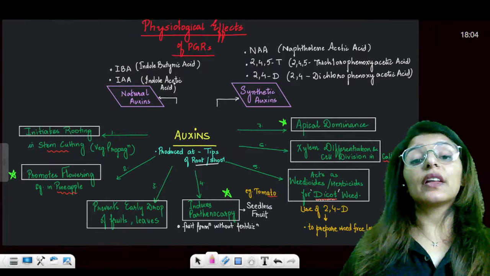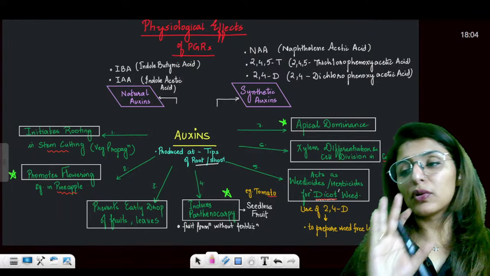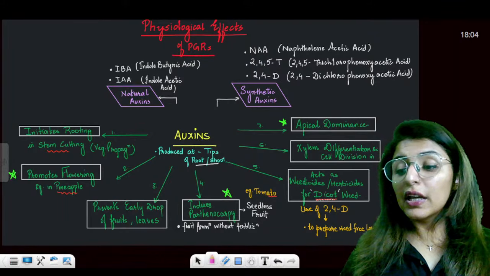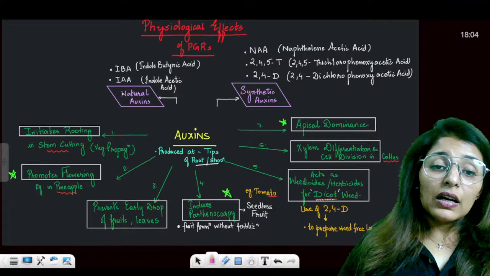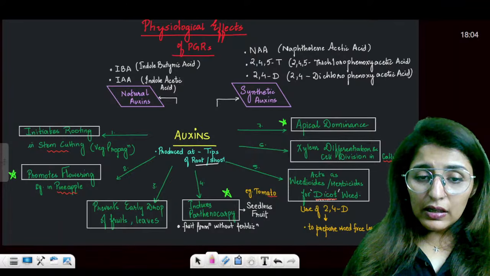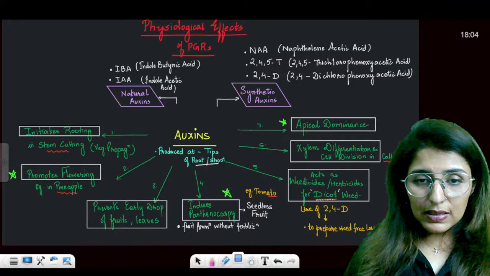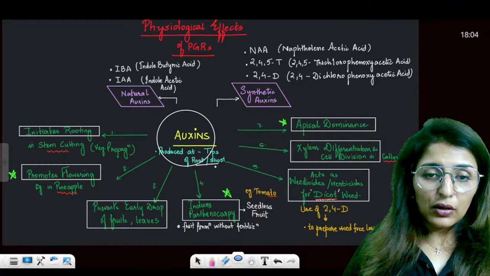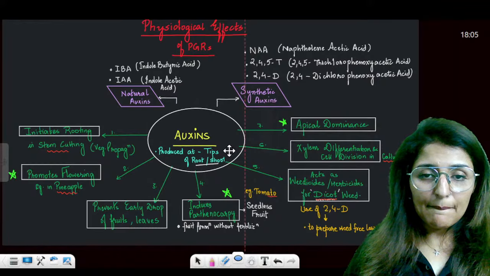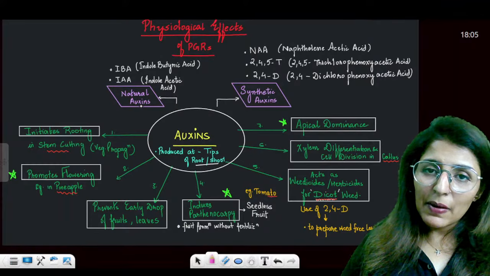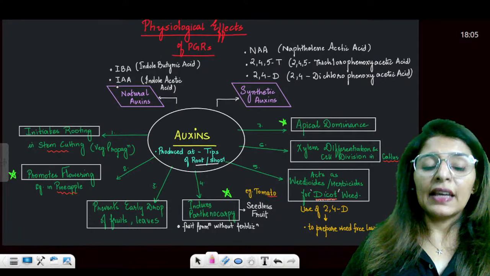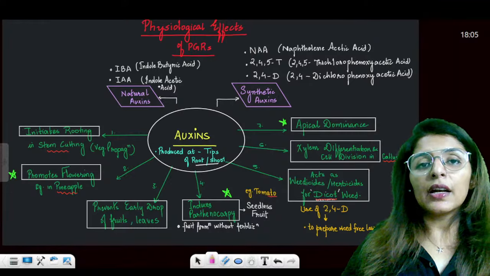Moving on to their physiological effects, these flowcharts will be very helpful in remembering and revising things. First of all, there are two types of auxins. One is natural auxin, which is naturally produced by the plant body: IBA and IAA, indole butyric acid and indole acetic acid.